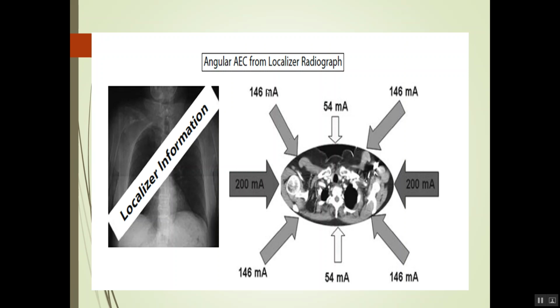But in another region the X-ray tube will face the shoulder region, so you have to increase the milliampere. And when the tube rotates to another region, you have to increase the milliampere, and so on. This is called transversal modulation. So you have to change the milliampere during rotation of the X-ray tube around the patient.